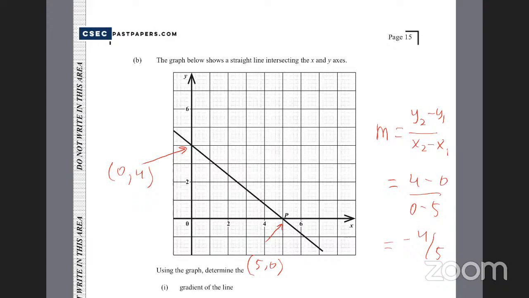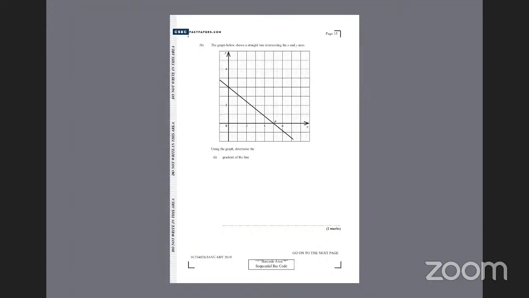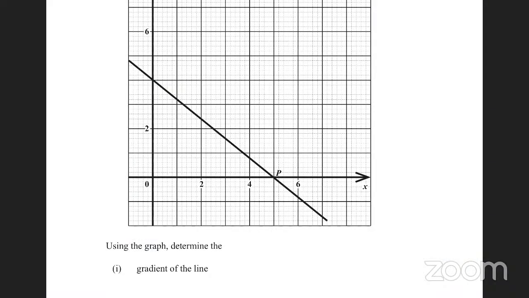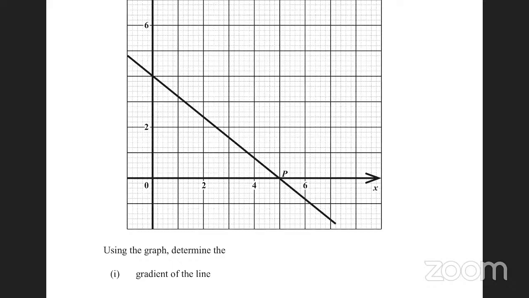Right, let's go again. Find the equation of the line and the equation of the perpendicular. Find the equation of this line, please. What's the equation of a line again? y is equal to mx plus c. So actually, we could do this mentally. What was the gradient here again?